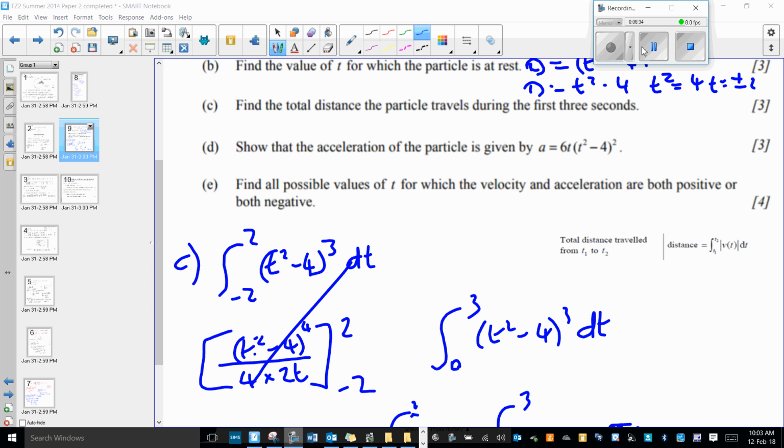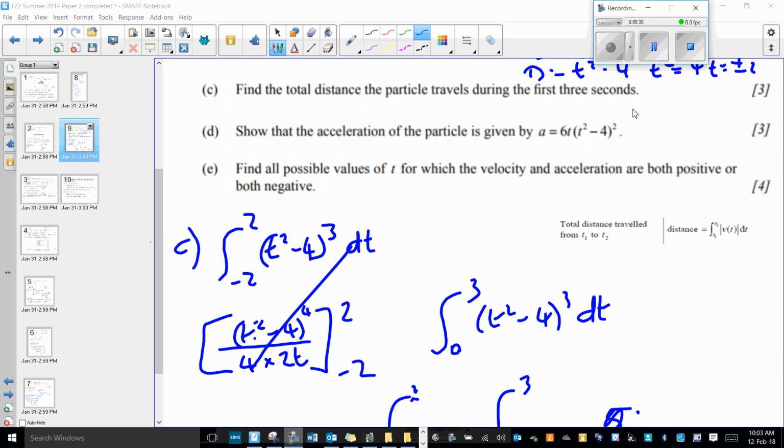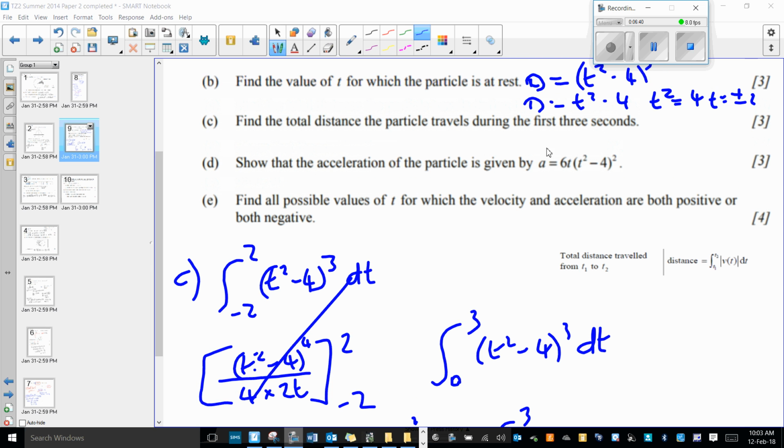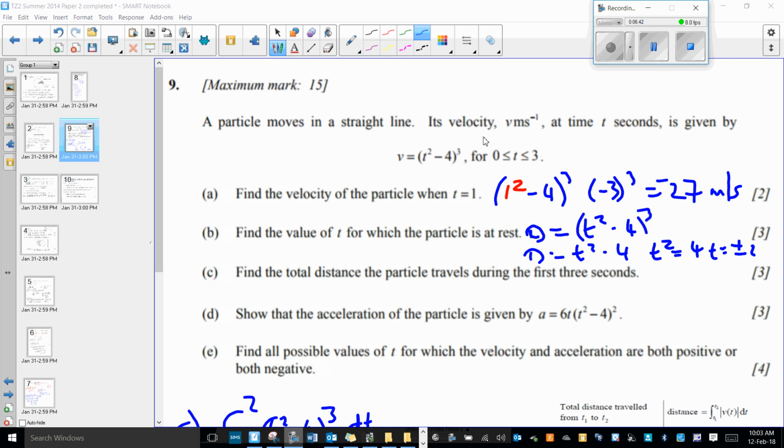Show the acceleration as given by that. So we know acceleration will be the derivative of the function, remembering that link between displacement, velocity and acceleration. So we're differentiating this function.